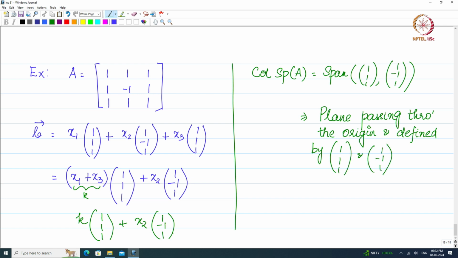That is a plane, and therefore this column space of A in this case is going to be a two dimensional subspace of R3. So, here also we see that it is a plane passing through the origin and so on.